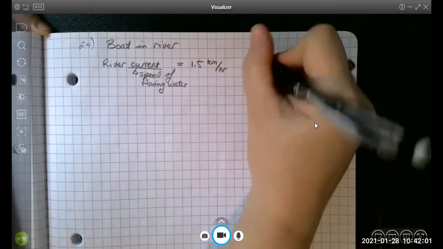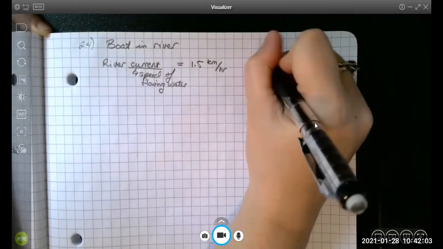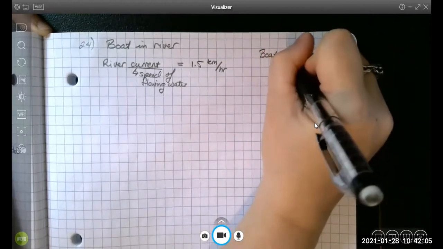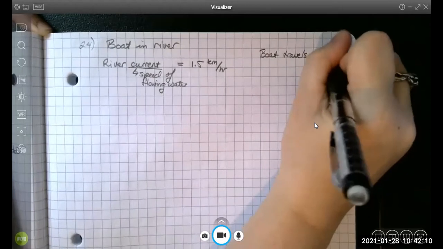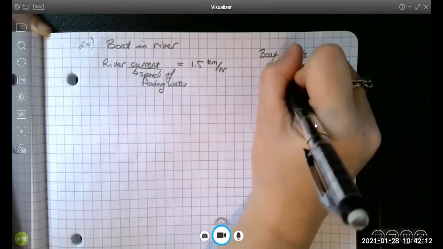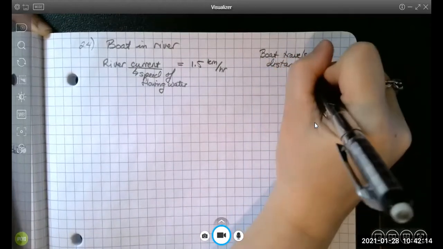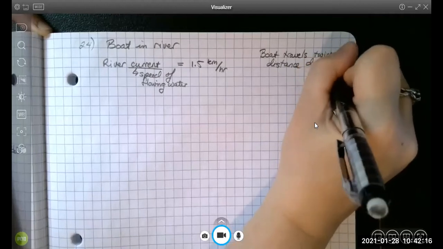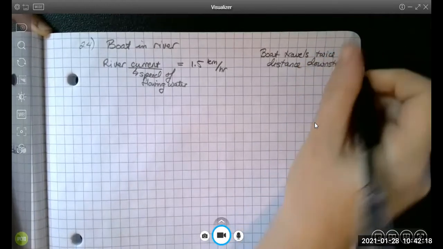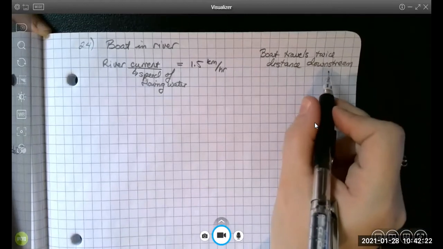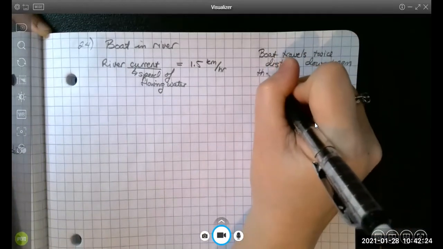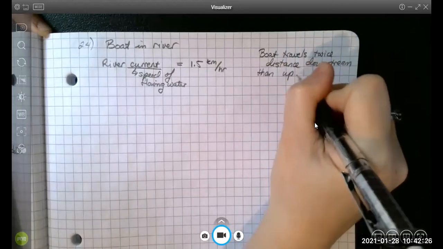So I'm going to write that down. So boat travels twice the distance downstream. Now downstream means in the direction of the current. So it flows with the river. Then upstream.